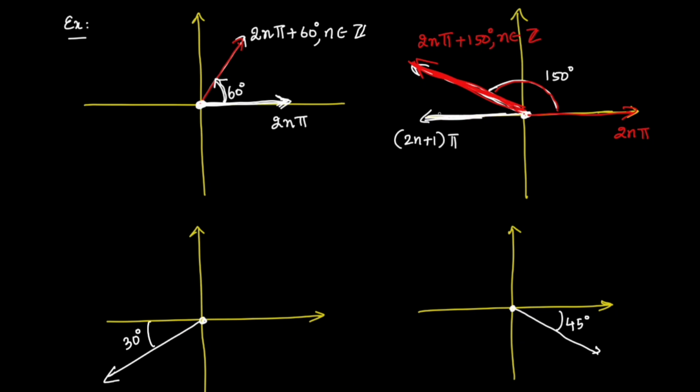First reach here, that is the negative y-axis. From there go clockwise 30 degrees. So instead of writing 2n pi plus 150 degrees, we can also write this terminal position as odd multiple of pi minus 30 degrees. So both would mean the same thing.